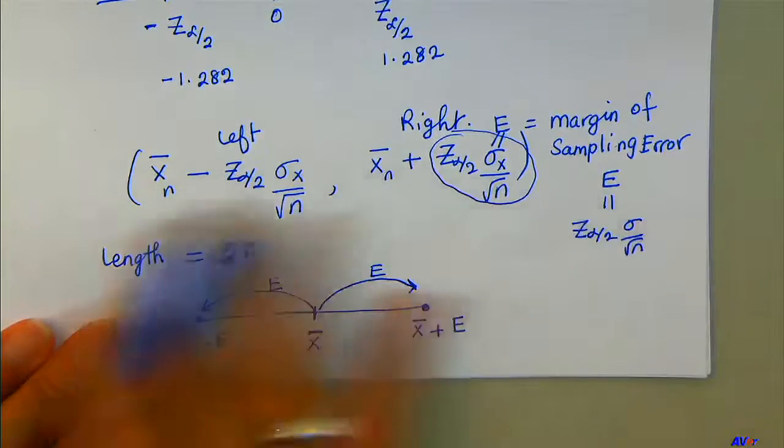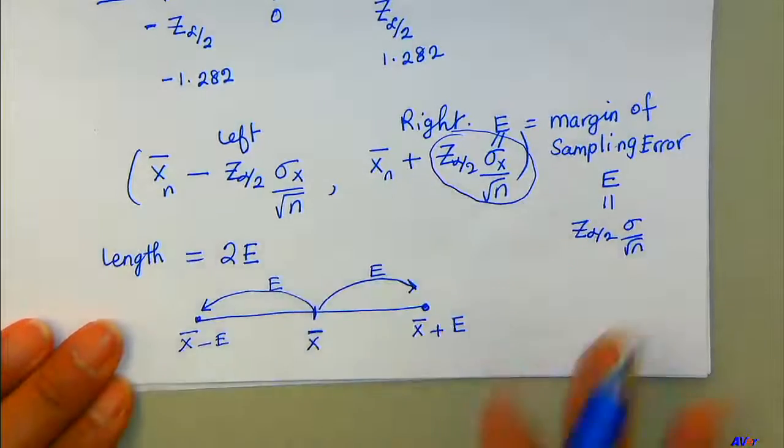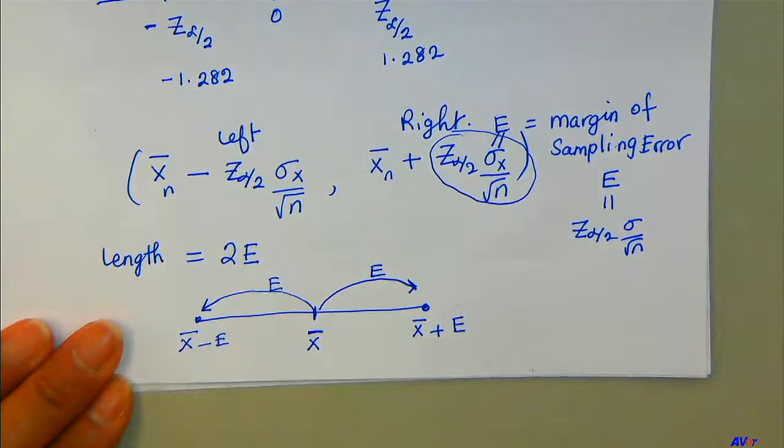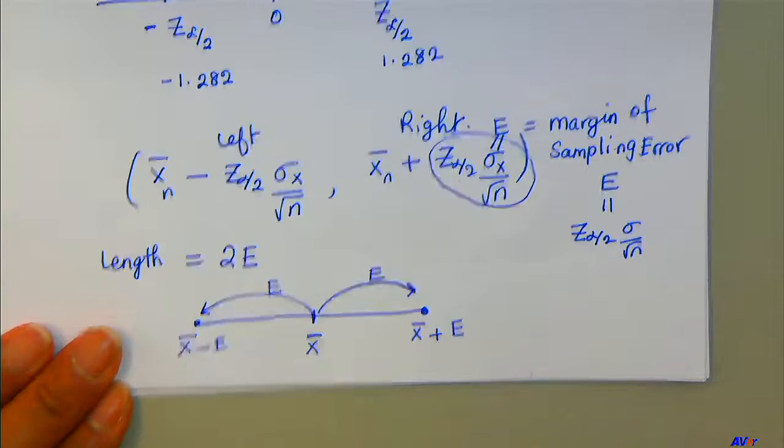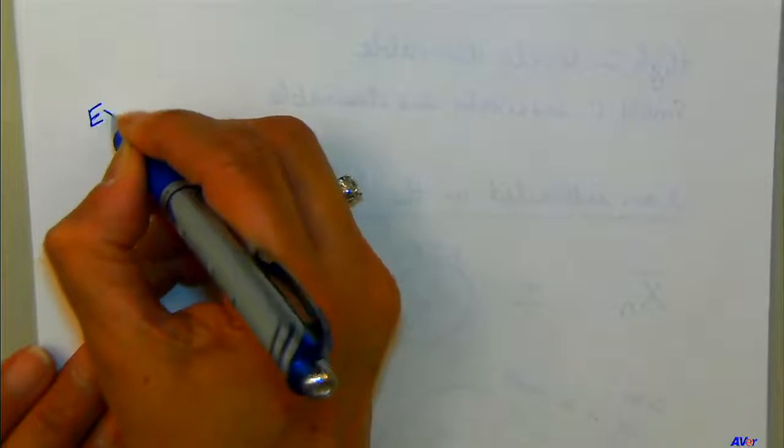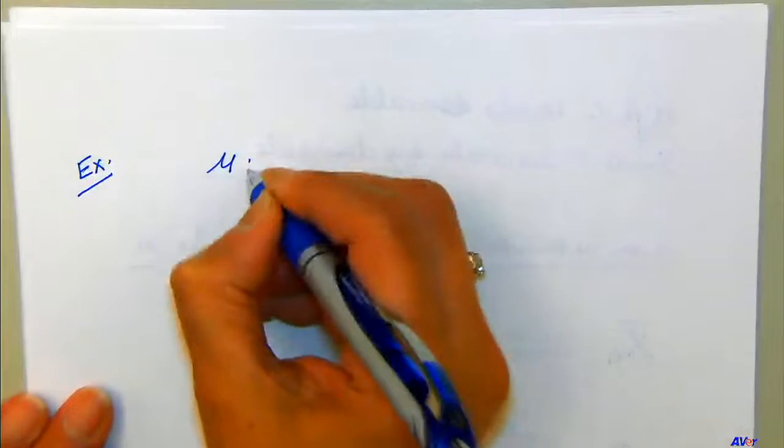This will become part of your daily vocabulary. It just will, because you'll be doing a million problems. So let's do an example. Example, mu is unknown.